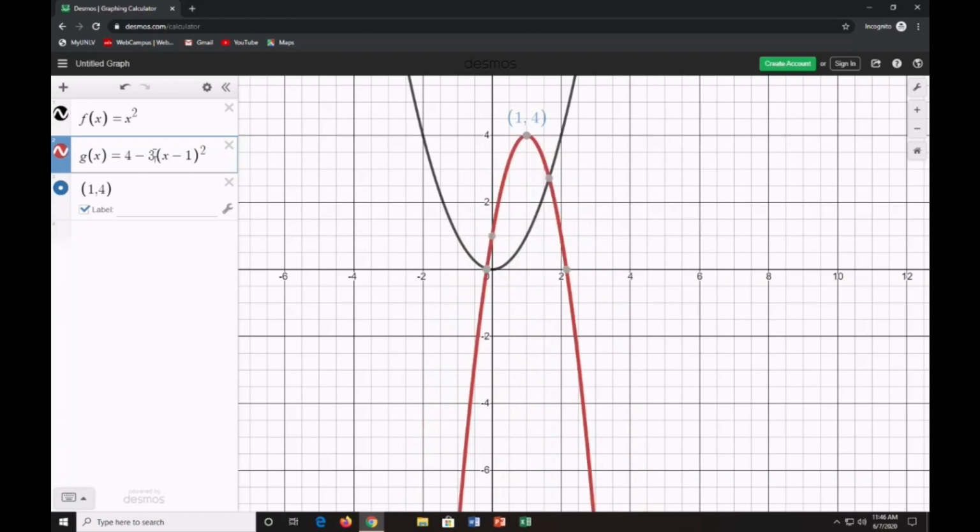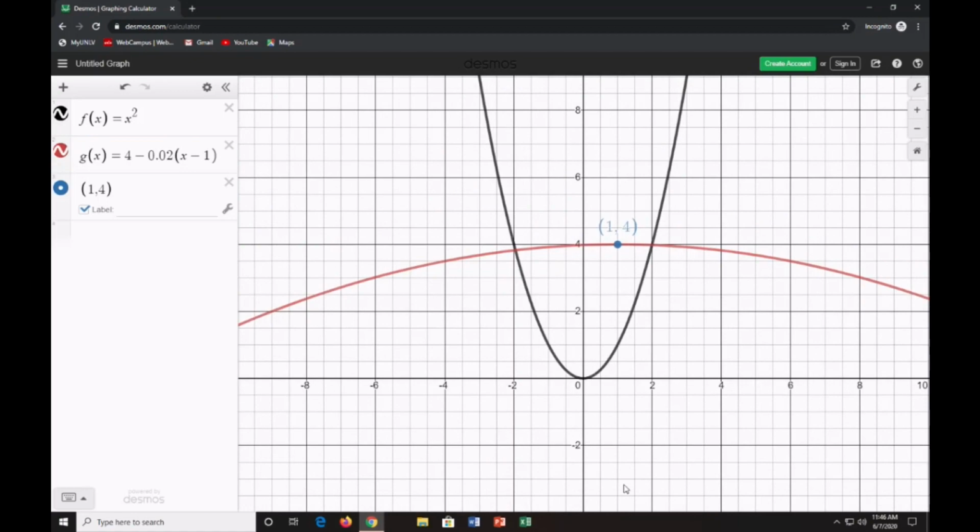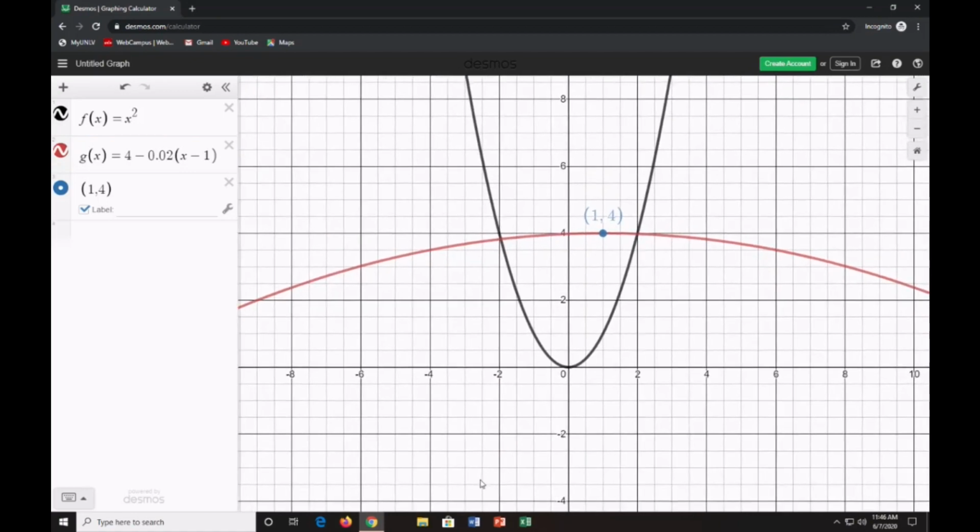And let's all of a sudden jump to 0.02. Look how flat it is. Right? So I hope you can see the difference between what this coefficient out in front of the parentheses will do if it's between 0 and 1, and if it's greater than 1. Okay?